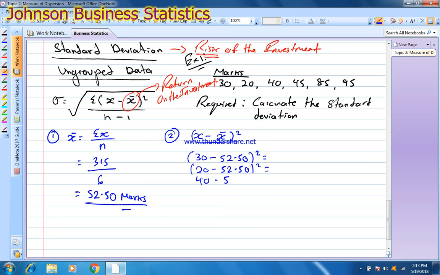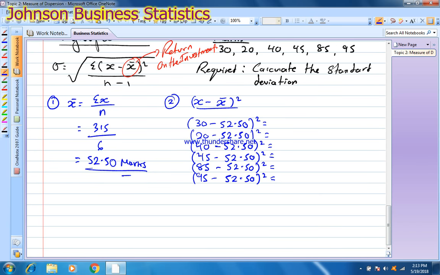So you take each of the values, so you calculate one by one.